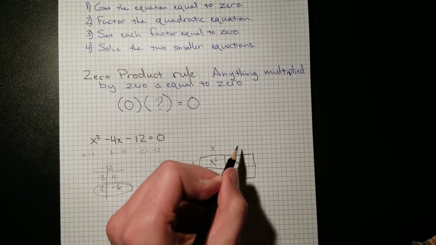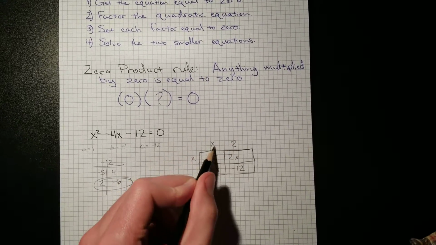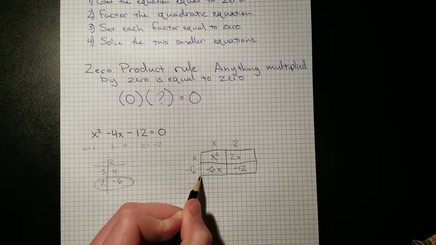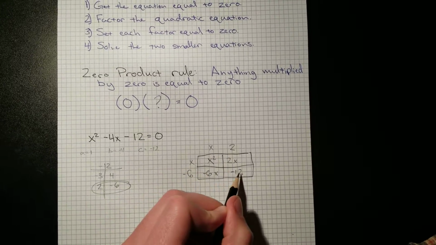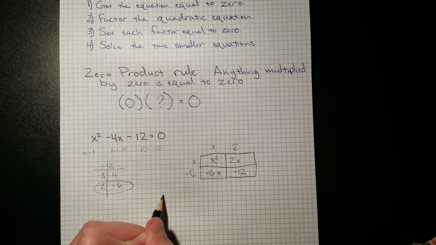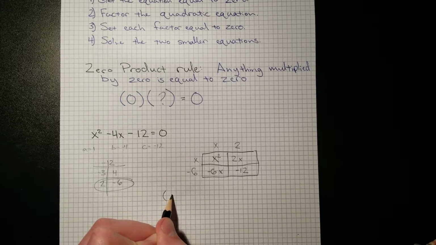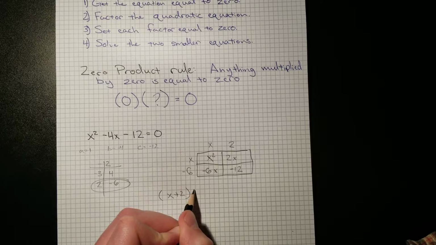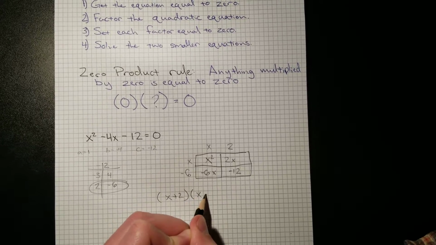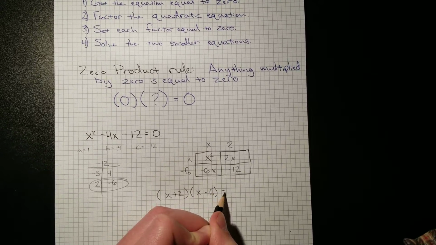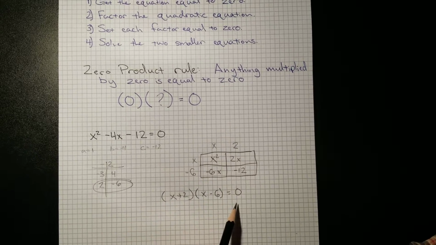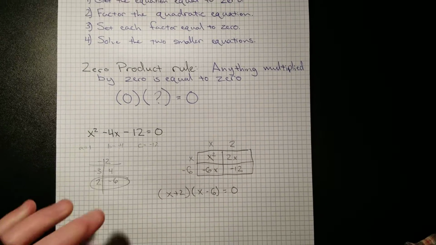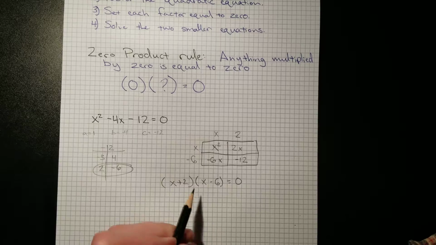Here, x times 2 is 2x, and x times -6 is -6x. 2 times -6 is -12. So that means that our two factors are x plus 2 and x minus 6. And I'm going to carry down the equals 0. So we have our two factors.